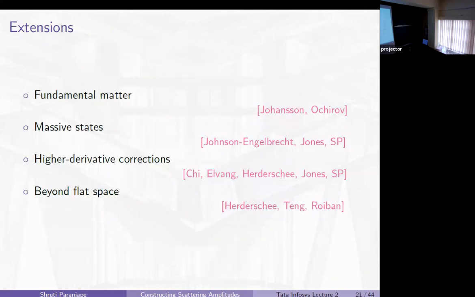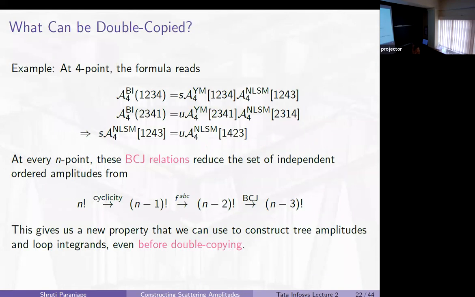There are some questions already about why we only have one ordering at 4 points, or how many orderings you have. As I said, when you do the double copy, what you end up with is something that is permutation symmetric. So if you enforce the fact that the double copy formula is permutation symmetric, this is one version of it where I've chosen the 1, 2, 3, 4 and the 1, 2, 4, 3 ordering.